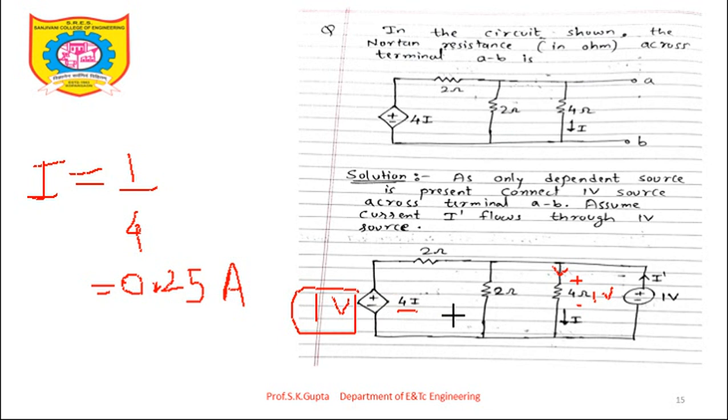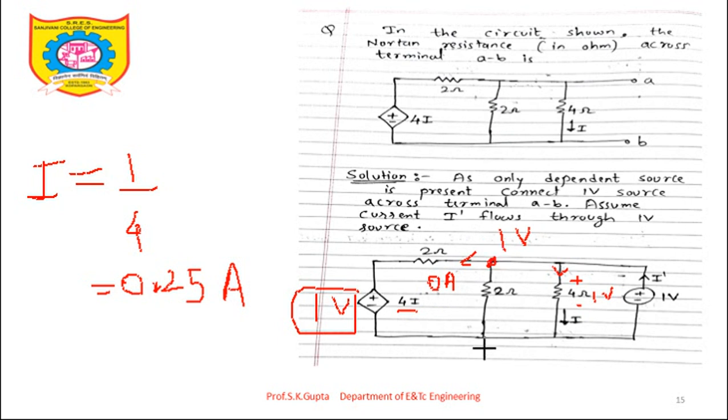Okay, so let's focus on the analysis. 1 volt here, 1 volt here. Here also 1 volt is there because of the parallel connection. I will apply one nodal equation, and the voltage value here is 1 volt. The nodal equation: this leaving current will be 1 minus 1 divided by 2, so this current will be 0.